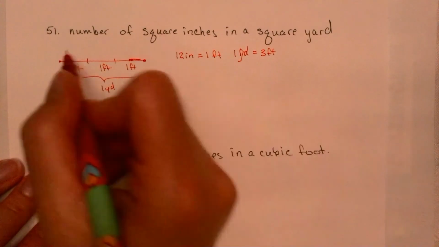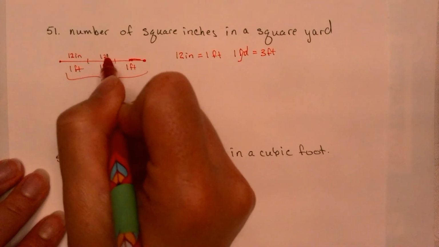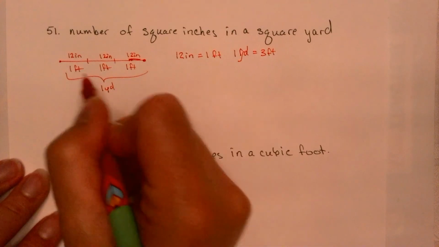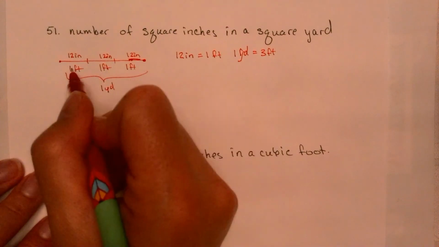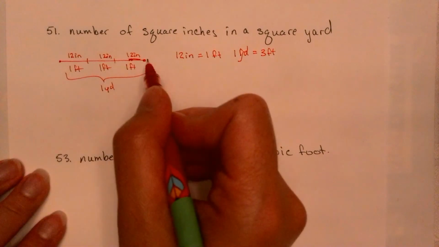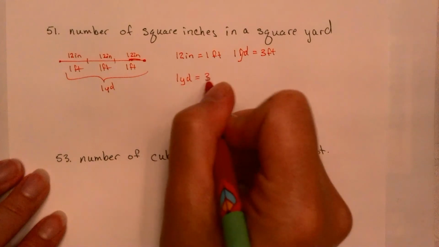And then in each foot we get what? 12 inches. So there's your conversion. 1 yard is equivalent to 3 feet, and each foot is equivalent to 12 inches. So 12 times 3, we have that 1 yard is equal to 36 inches.